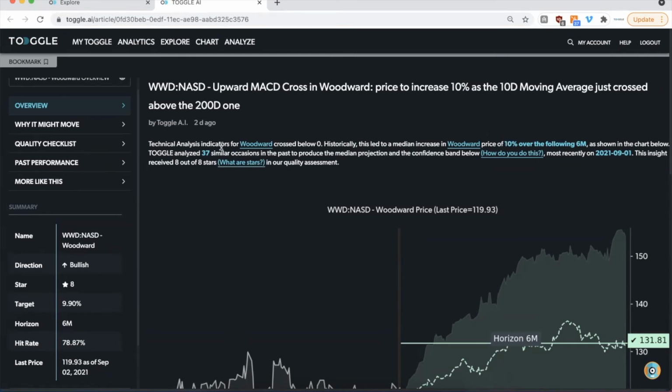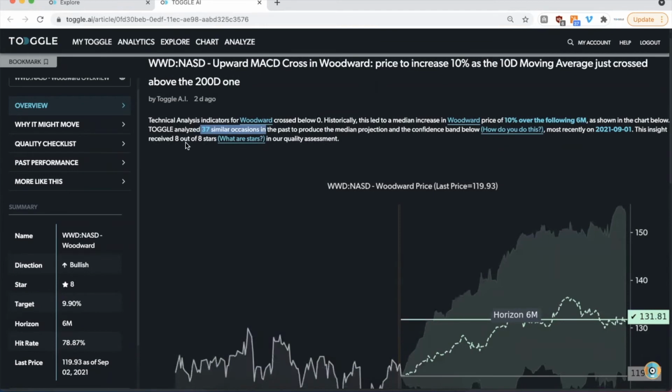Looking at backtesting results, Toggle has analyzed this similar occasion about 37 times in the past and has used those past events to predict the future potential return. And it received 8 out of 8 stars. We'll talk about that in a second, but it basically meets 8 out of 8 of our conditions.